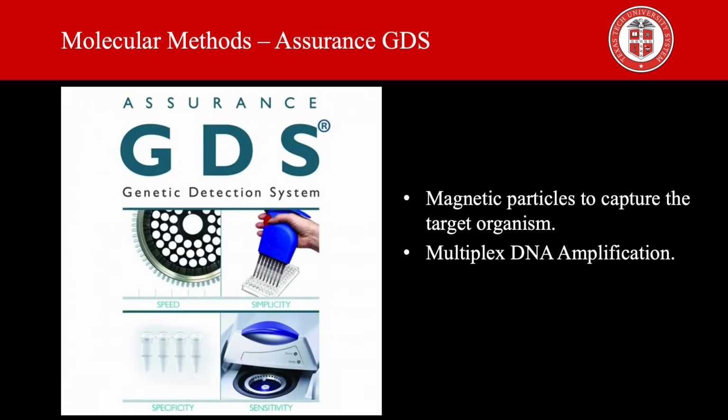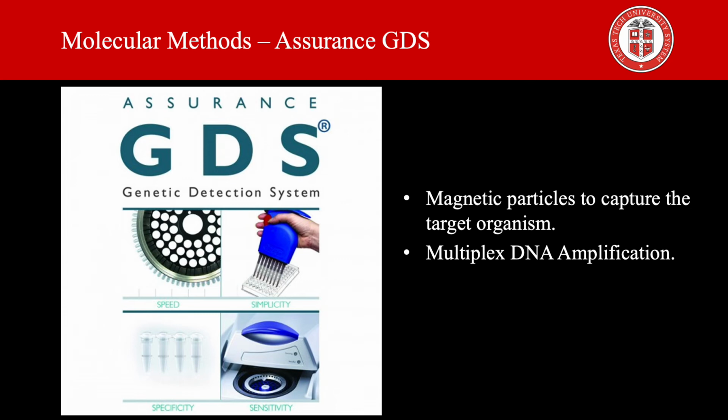Then we have the Assurance GDS. That is a method that uses proprietary magnetic particles to capture the target organisms from the enriched sample. This method collects and transfers the concentrated target to 8 samples at a time.